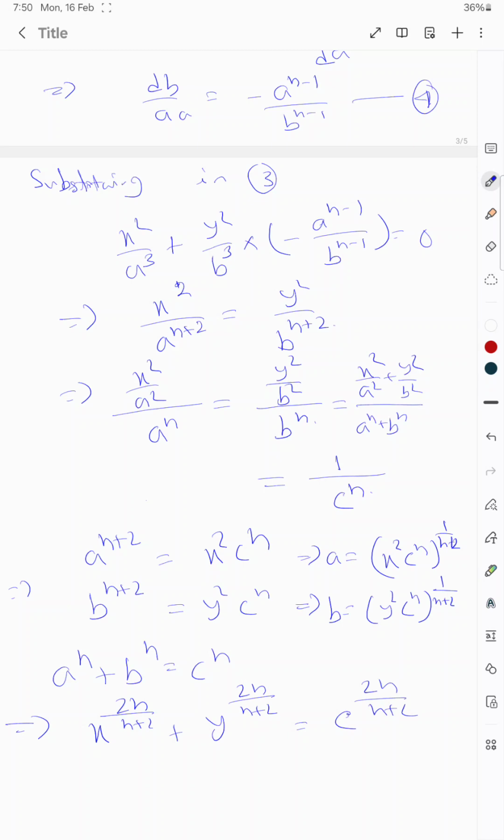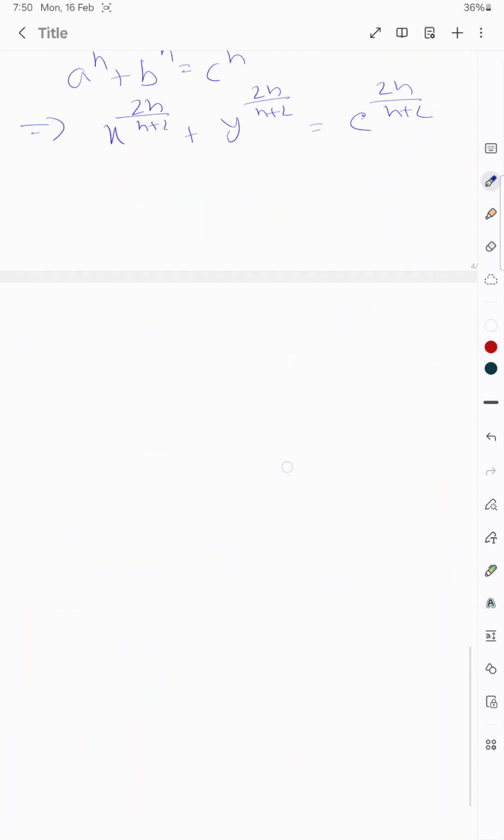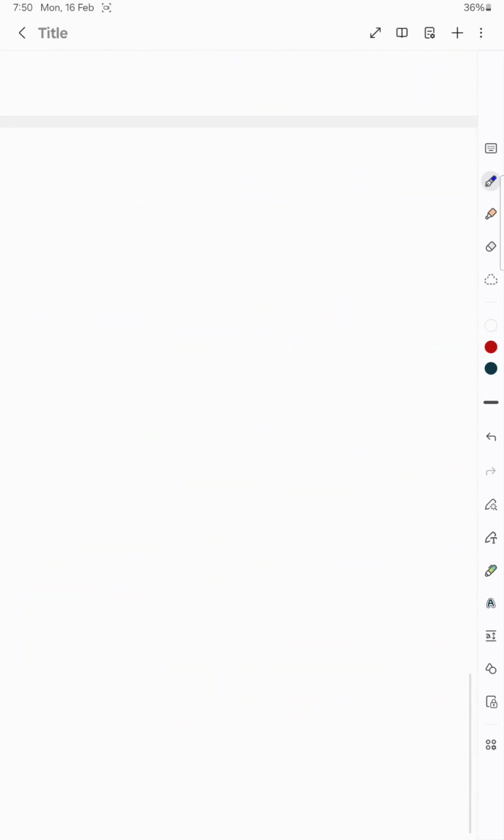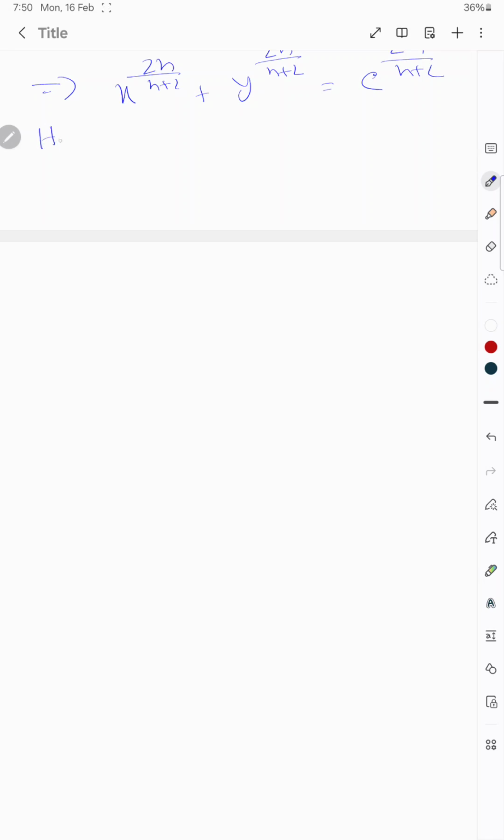Okay, so this is your example. Now there is one more problem. You practice this, it is already given in your notes, but you practice it as homework.